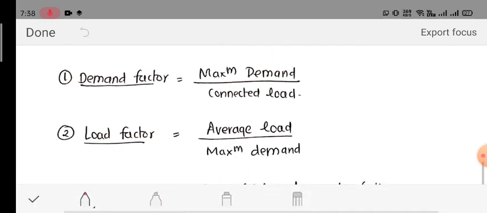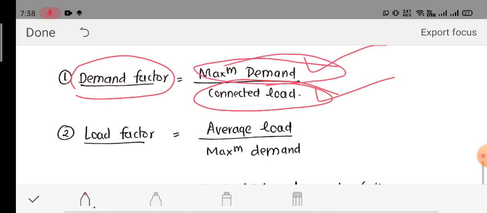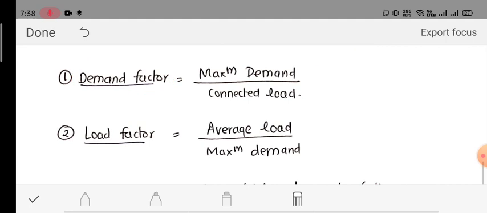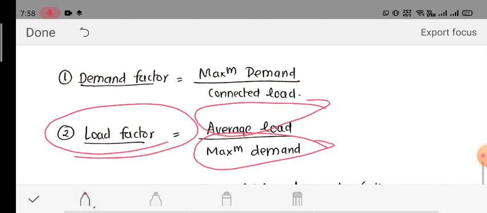This is the demand factor, which is nothing but the maximum demand upon connected load. What is its significance? Out of connected load, how much power you are using. Now the load factor: average load upon maximum load.